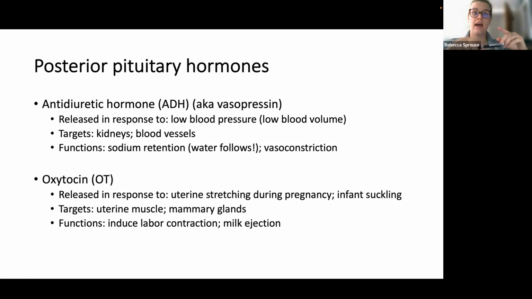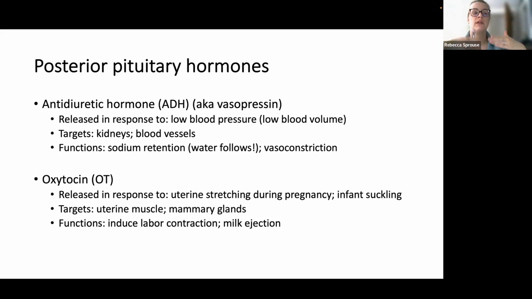And so what's going to happen is your kidneys are going to retain sodium. We talked about this in the last lecture, where sodium is reabsorbed into the bloodstream. If sodium is reabsorbed into the bloodstream out of the urine, then water is going to follow, right? And if water follows, now you have a lot of water back in your bloodstream as well.